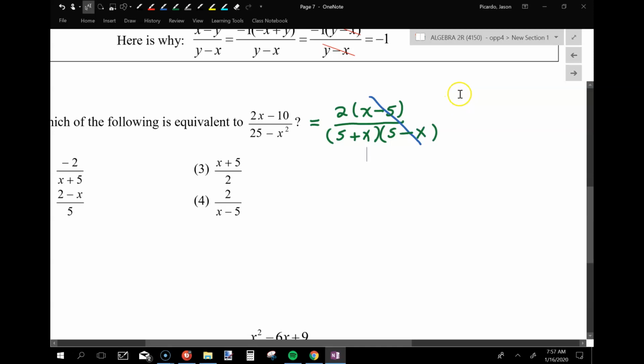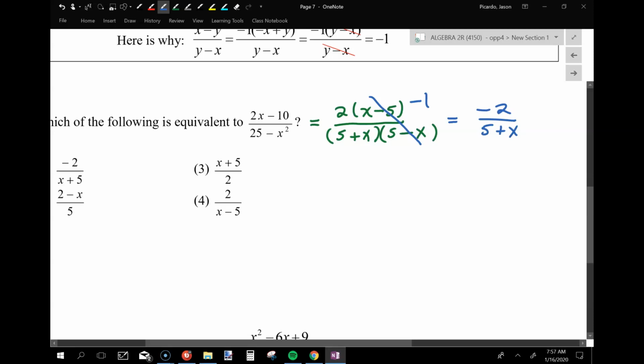Here's the answer. You can put it in the top or the bottom. You just can't put it in both, okay? So in this case, I'm going to put it on the top. So it's negative 1 on the top. So what do I have left? I have negative 2 over 5 plus x.